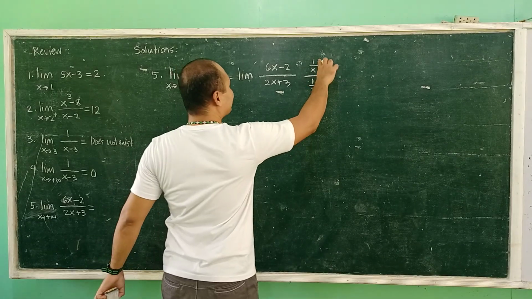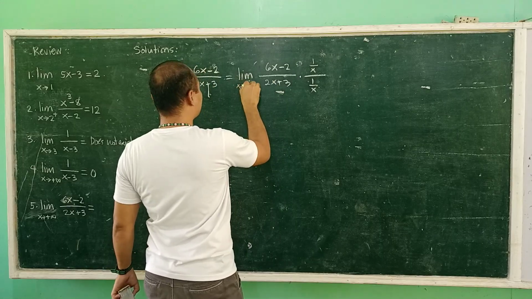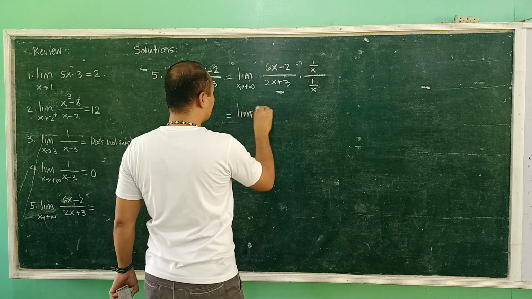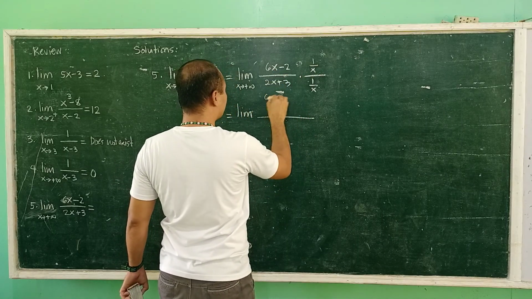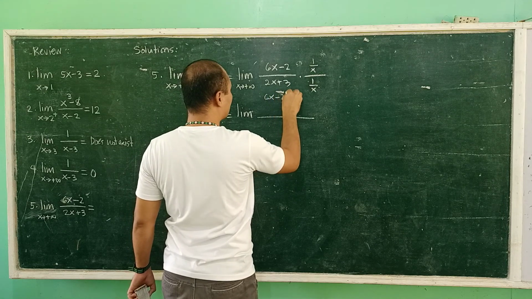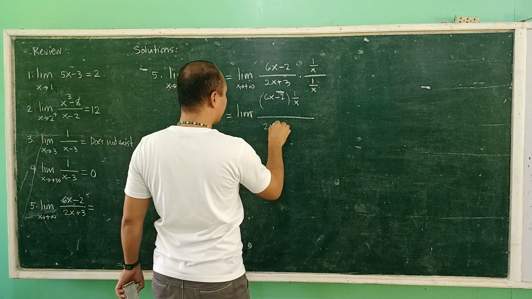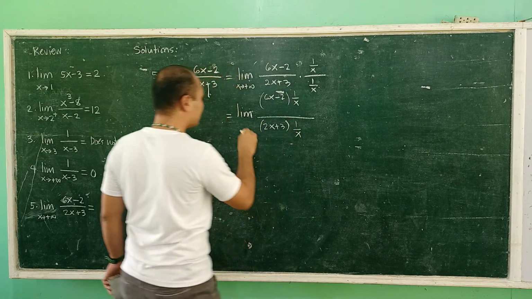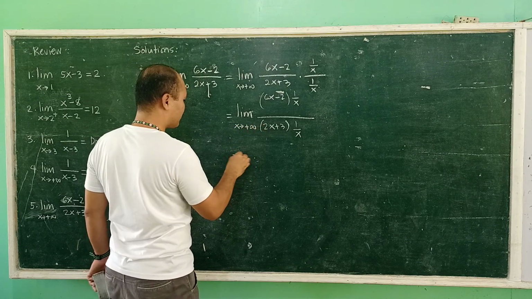So again, this expression is just 1. So we can multiply it here as x approaches positive infinity. So you have the limit. Let's multiply this one here. So you have 6x minus 2 times 1 over x, and then you have 2x plus 3 multiplied by 1 over x, as x approaches positive infinity.